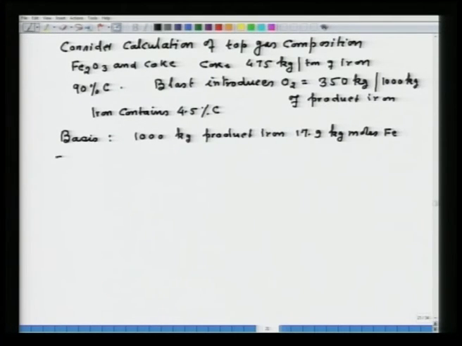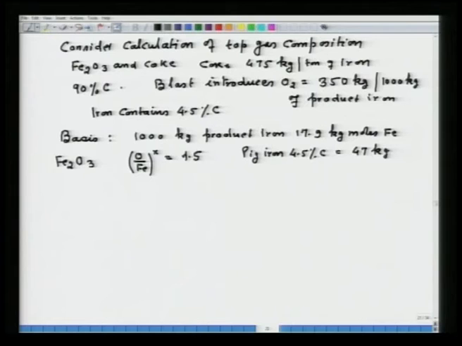Now, in Fe2O3 I have O by Fe equal to 3 by 2 or 1.5. Now, the pig iron contains 4.5% carbon, that will be equal to 47 kg. Remember, 1000 kg product iron I have taken, so it will not be 45, it will be 47 kg.